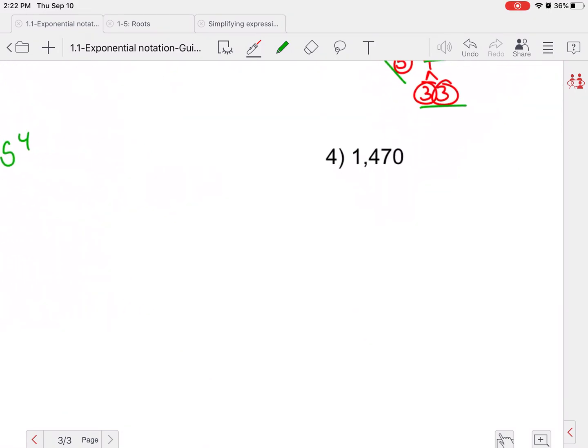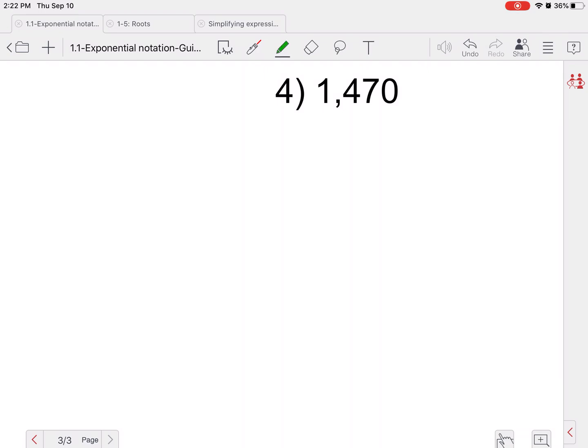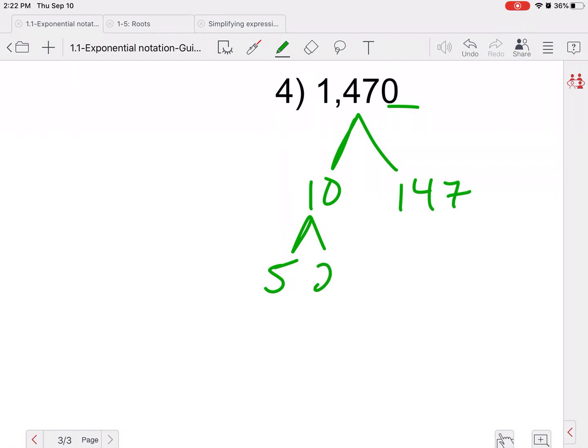All right. Go ahead. We're going to look at 1470. Now, again, this ends in 0, so I'm going to say 10 goes into it 147 times. And 10, I know, breaks down into 5 and 2, which are both prime numbers, so I can ignore the 10 now. 147 is a little trickier, so I'm going to use my 3's trick because I know 2 doesn't go into it.